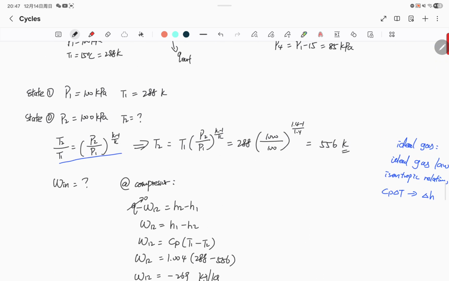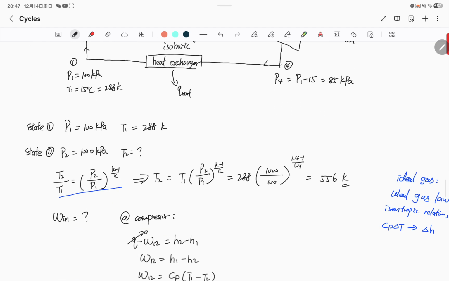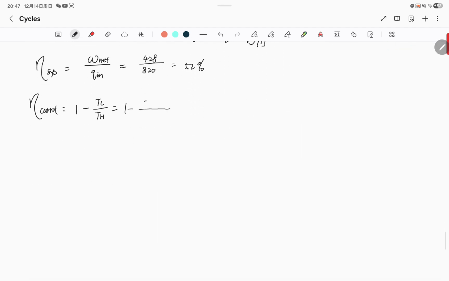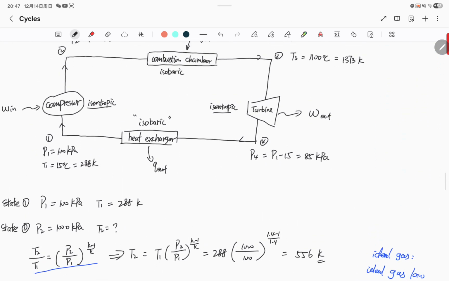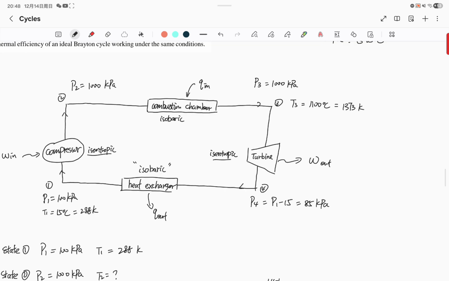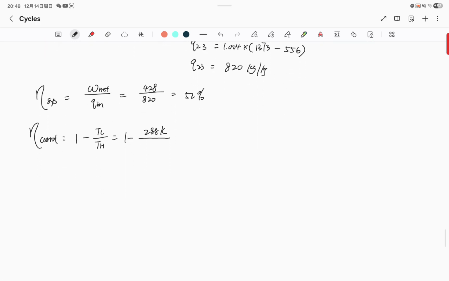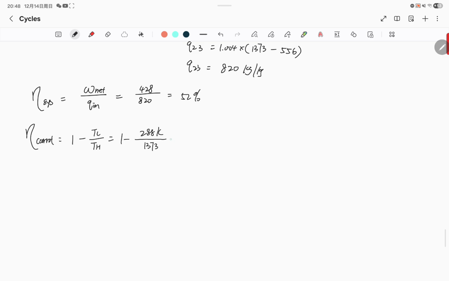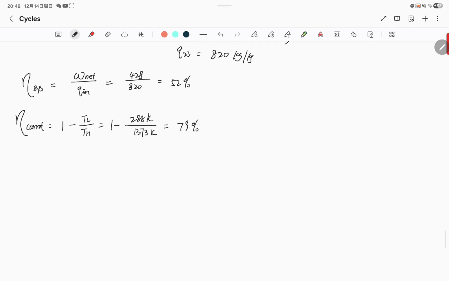Where is my low temperature? That's at state 1, right here, 15 degrees or 288 Kelvin. How about my high temperature? The highest temperature, that's here, state 3, T3, in Kelvin. That gives me around 79% efficiency. Obviously, this is greater than our 52%, so we're good.